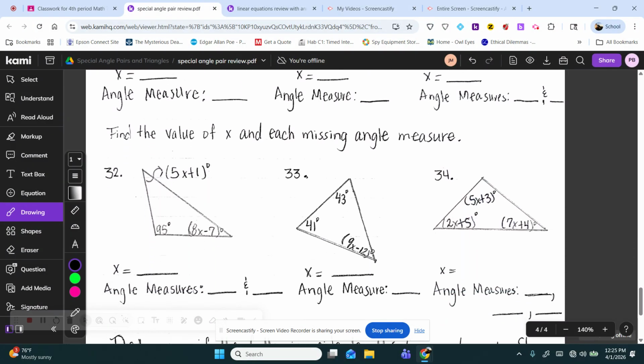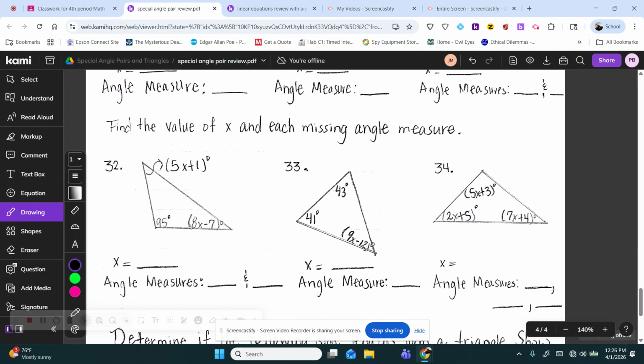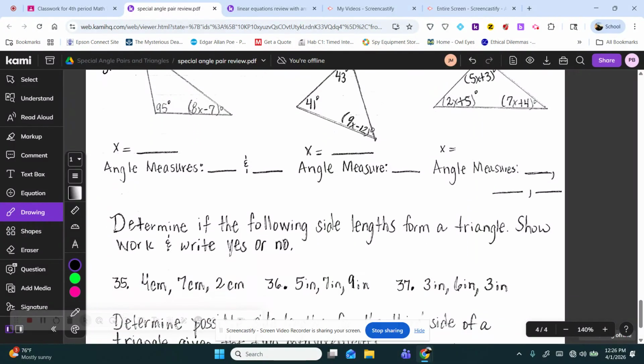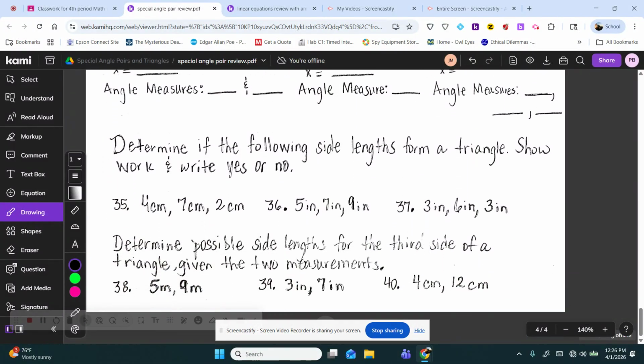All right, you're going to skip 32, 33, and 34. And when you get to 35 through 37, it says determine if the following side lengths form a triangle.